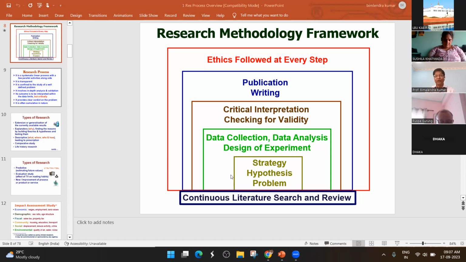And then there must be checking or testing of the research problems and the solutions which were taken at the beginning of the research, whether this validity is tested or not. And then there must be critical analysis and critical interpretation of the concepts of the topic.